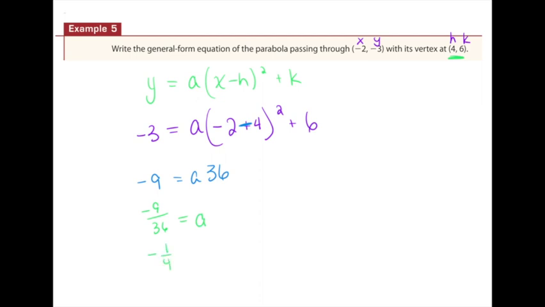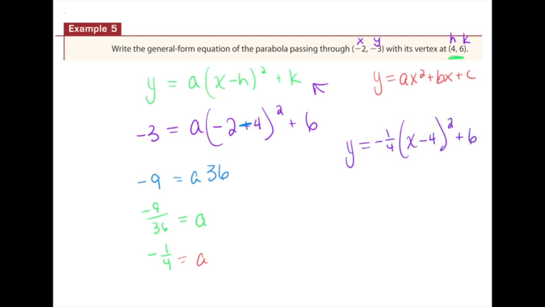They want the standard form. Standard form is this form here. All right. So I figured out the a, which means I can write it in the vertex form. So I'm going to say y equals my a, (x minus my h) squared plus my k.